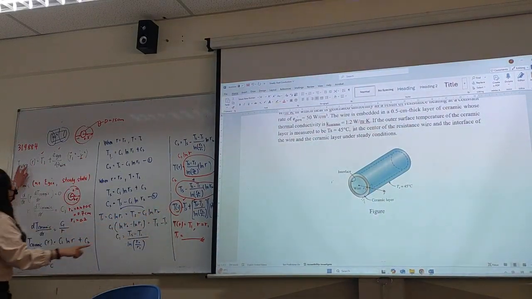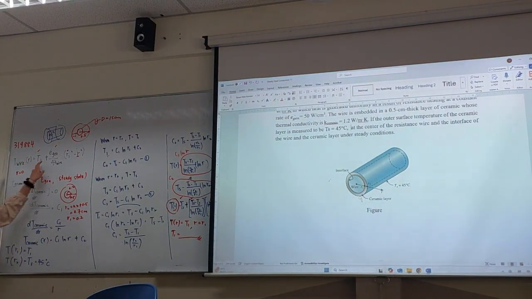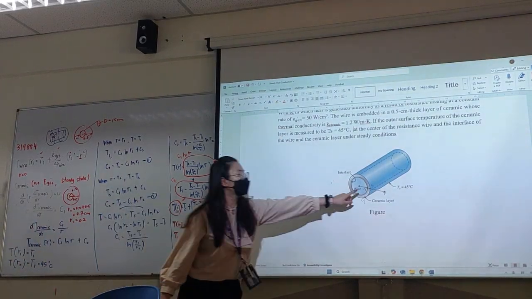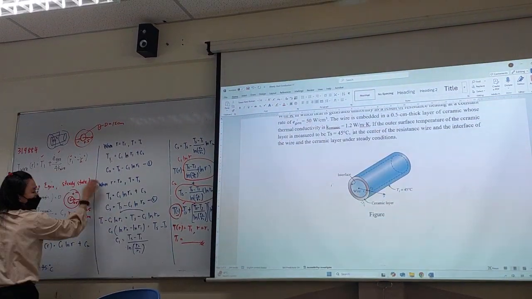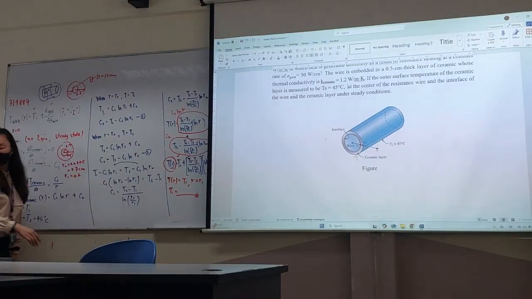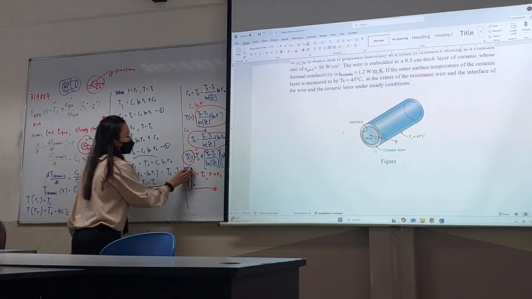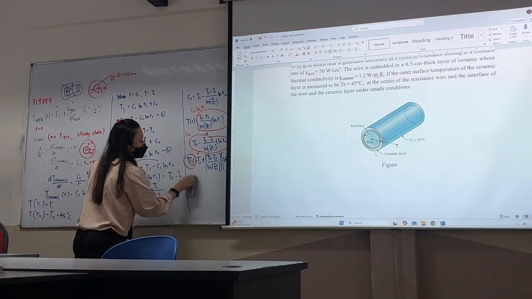Let's say this is R1. You can also set them equal and get the answer, because at this point the temperatures are the same. So you set them equal. I think you get 0 degrees Celsius.